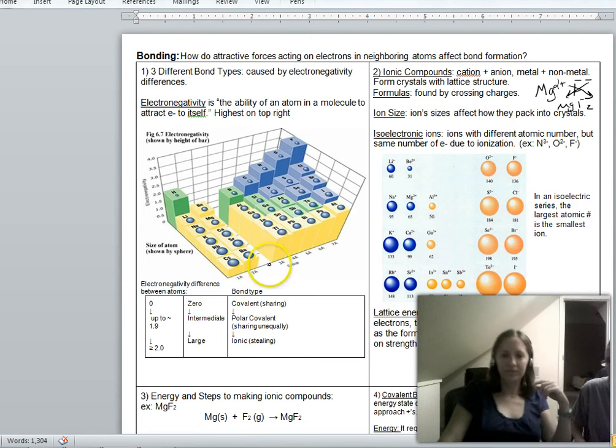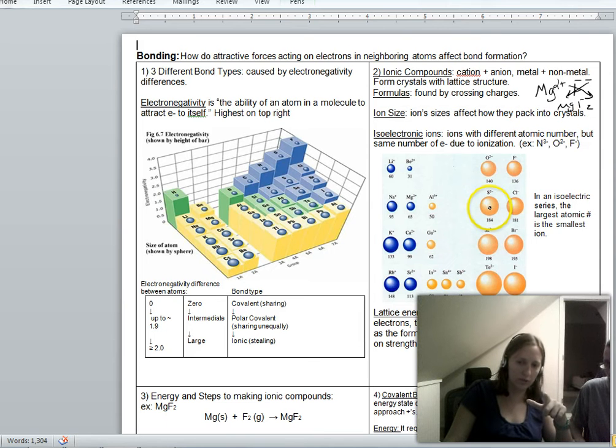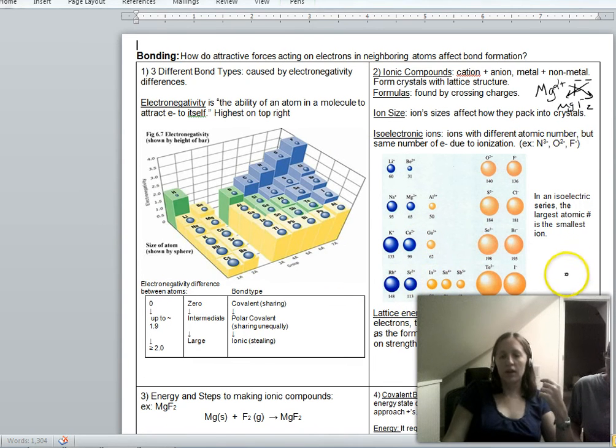They're on 3. But again, you see that pattern where the biggest one is the first one because it has the fewest protons for the same number of electrons. All right, so that's an isoelectronic series, and then the ions that didn't make it on the chart.